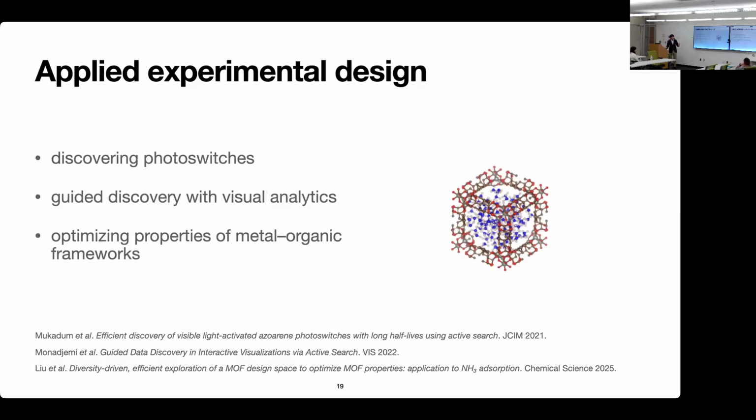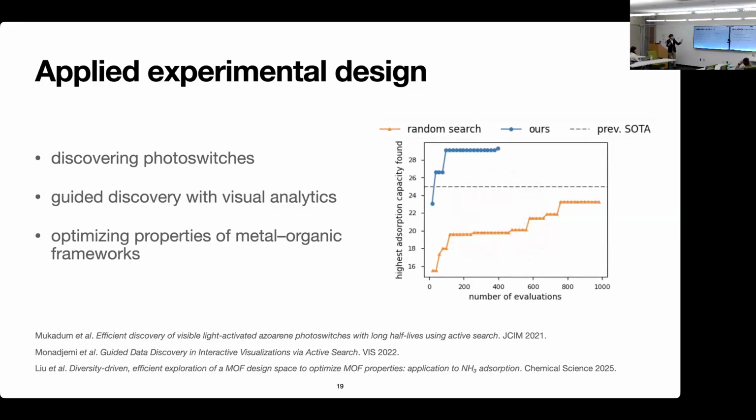So we care about maximizing the ability to absorb and store these toxins in these MOF materials. And we were able to find that by applying Bayesian optimization, we were able to not only outperform random search, which is the baseline, but also find theoretical MOFs that outperform the state of the art in the MOF literature, which is quite nice to see.